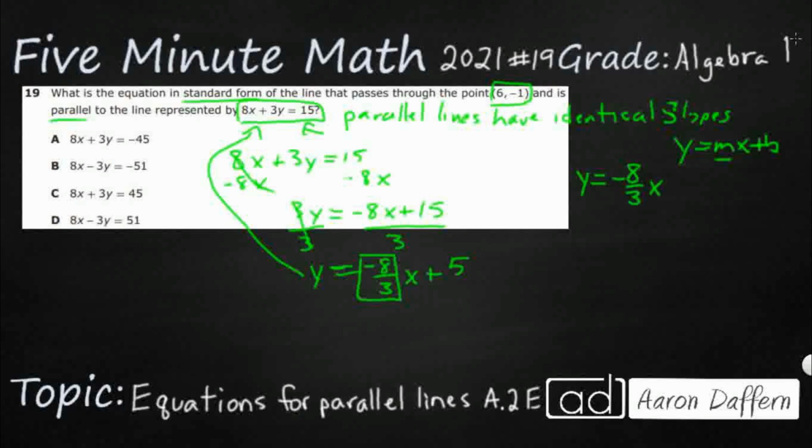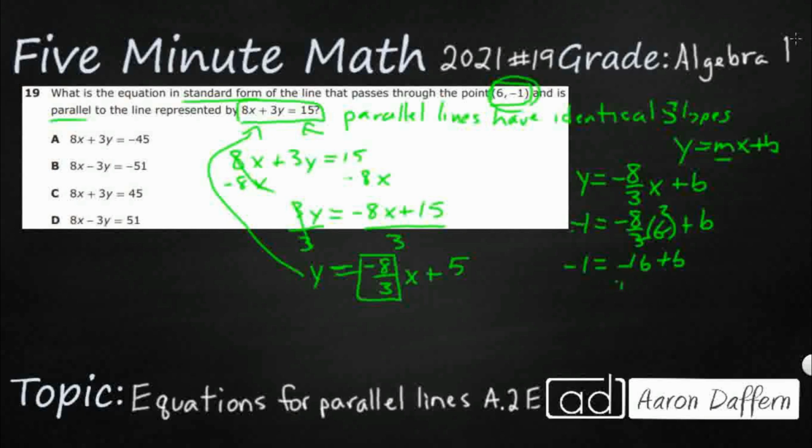negative 8/3 x plus b. So I'm going to plug in this negative 1 as my y. I'm going to plug in my 6 as my x, and then all that's left is the b. Now obviously I need to simplify this, so negative 1 equals, and that's going to be negative 16 plus b.